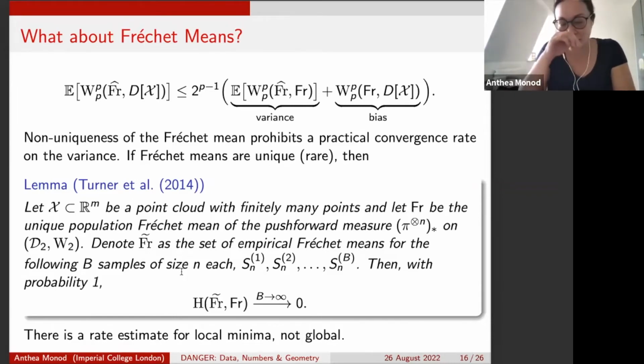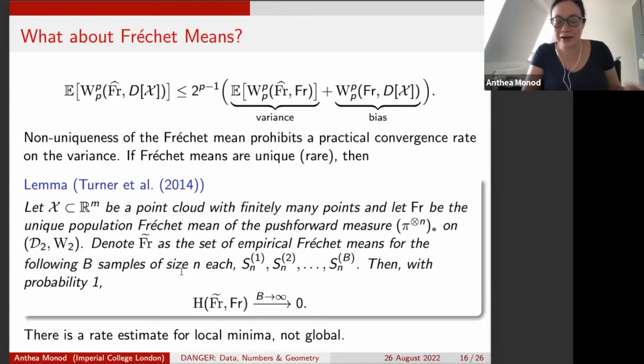This is one of the lemmas that was proposed in the original Frechet means paper by Kate Turner and her collaborators. And again, it's for local minima only, not global. But crucially, it relies on this assumption that Frechet means are unique. But as we were saying before, we have this very complicated metric geometry of the space, being very positively curved, which means that geodesics are not unique, right?